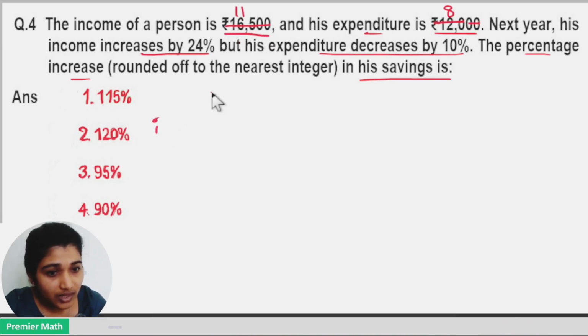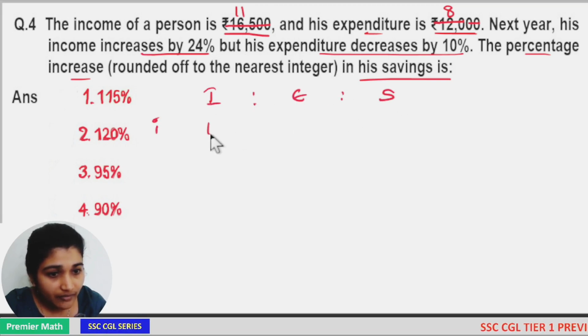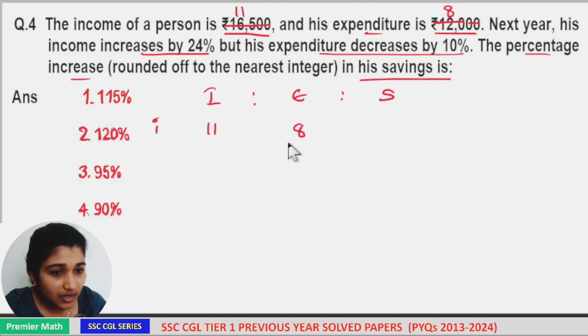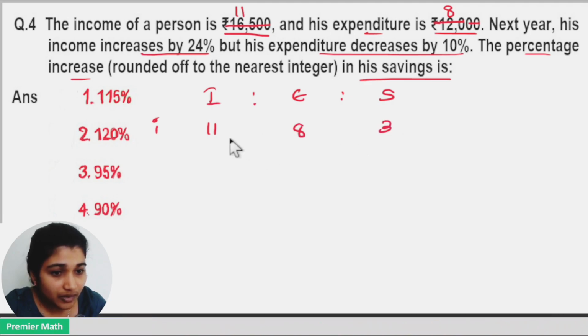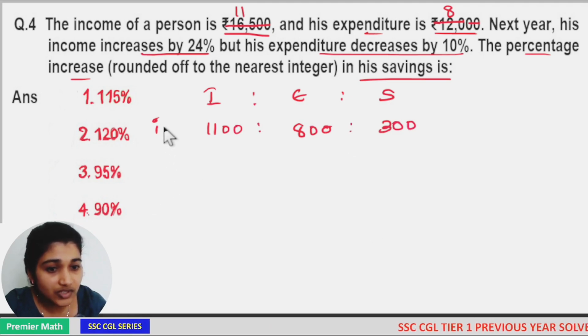Now initial income and expenditure ratio is, income is 11 parts and expenditure is 8 parts, which means savings is income minus expenditure, 11 minus 8, 3 parts. Now I'm multiplying it with 100, so this is the ratio of income, expenditure and savings initially.